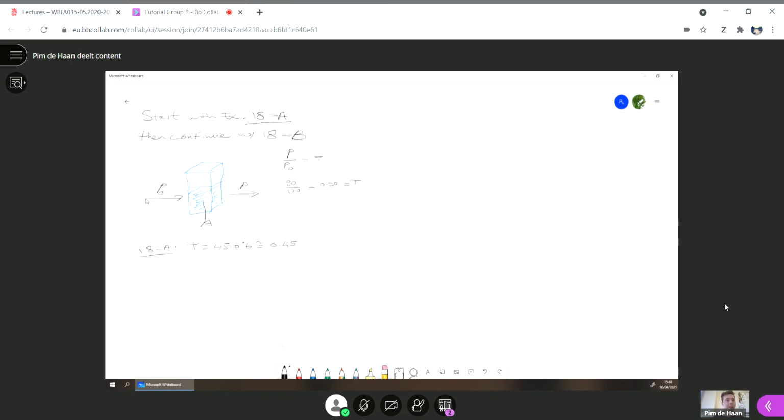Yeah, okay. A equals negative logarithm of T. So in this case it is negative log 0.45. And then you get a value, right? So what's the value? I have that somewhere.